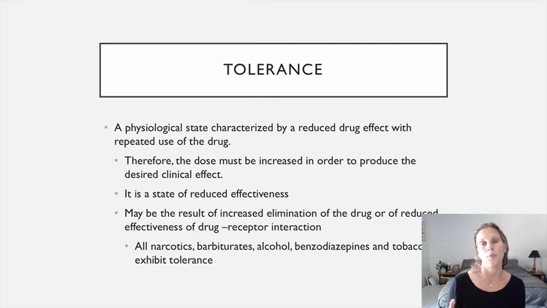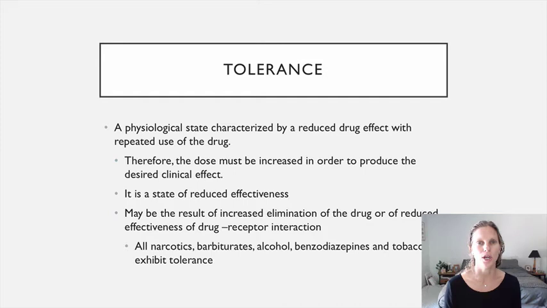Or, probably more likely, there's a drug receptor interaction. What seems to make the most sense is that we see an increase or decrease, depending on the scenario, in the number of receptors, or the receptor density, for that particular compound at the synapse. And if we change the receptor density, we're going to change the way that drug acts in the body. That probably has something to do with tolerance as well.